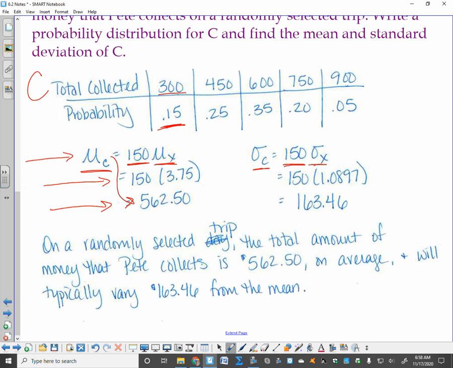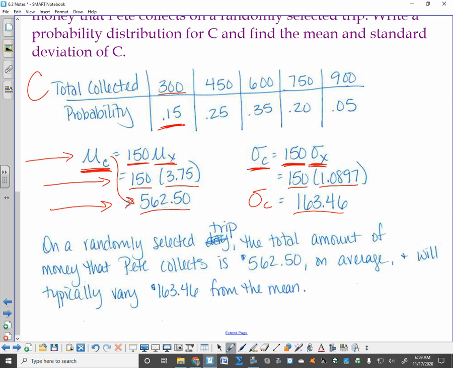So I'm showing, first of all, with correct notation. So mu sub c, the average of the money collected, equals 150 times the average or the mean of the number of passengers. And then I plug in my numbers, and then I get my value. Same thing here. Sigma sub c is 150 times sigma sub x, 150 times the sigma, and so there's my sigma sub c.